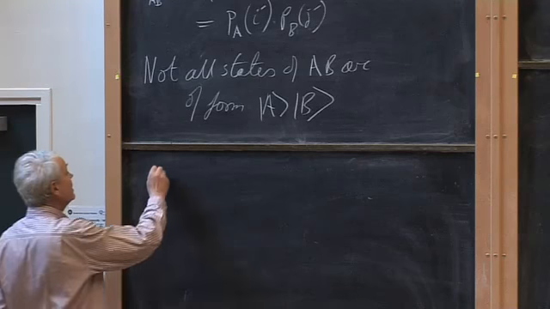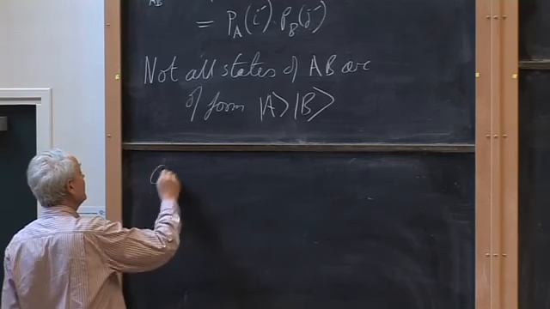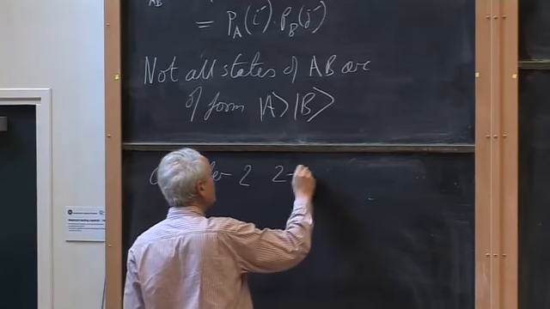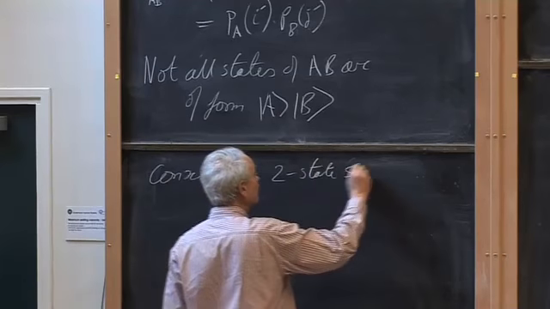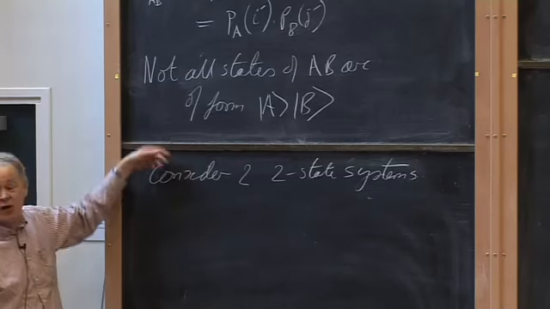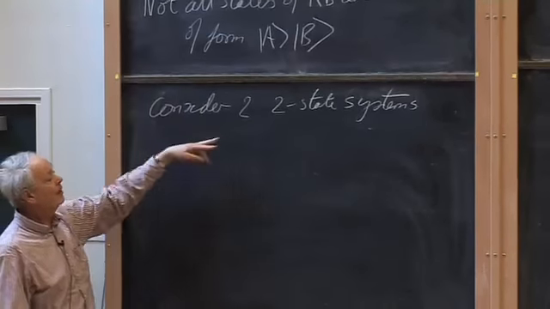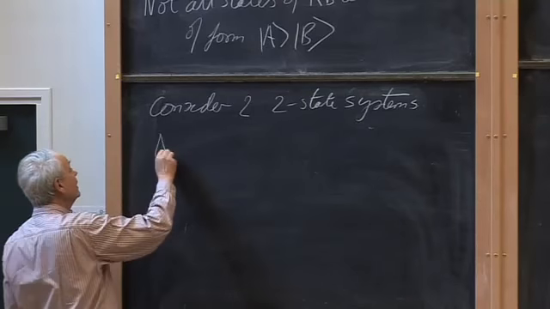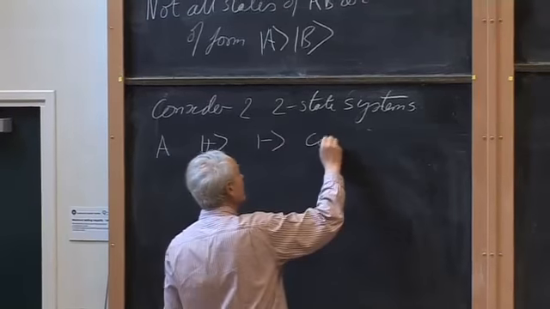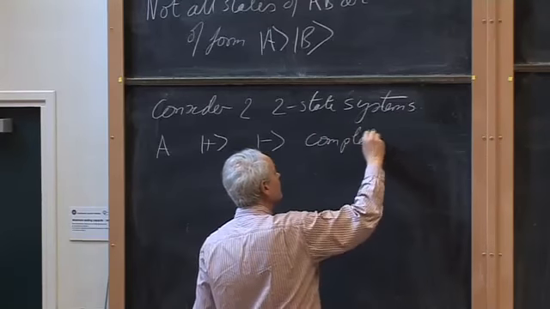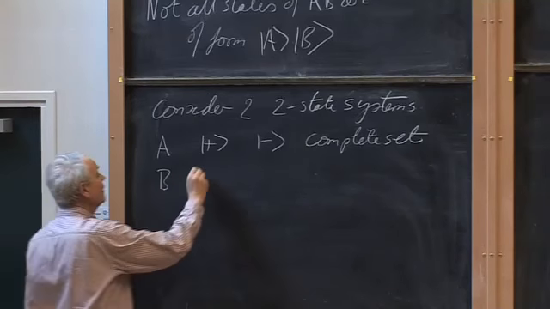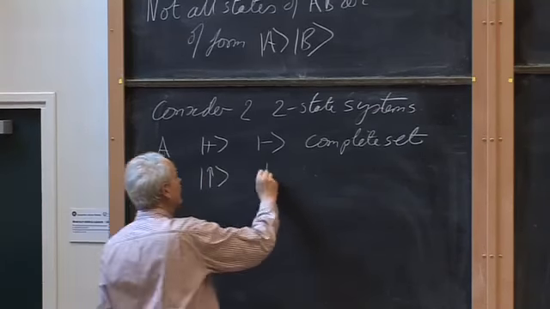So, for example, consider two-state systems. We're going to do a concrete example to illustrate this general and very fundamental principle. A is going to have states plus and minus, which are a complete set, so we're considering the simplest non-trivial example. And B is going to have the states up and down.